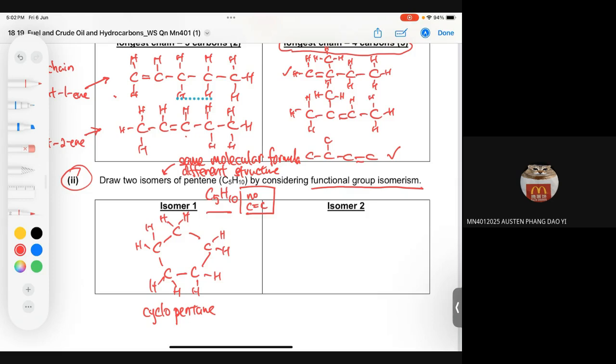That's what isomers are. If you have it in a straight chain, you can never have C5H10 without a C double bond C. You can go and try. As long as you don't cycle it, it won't happen.